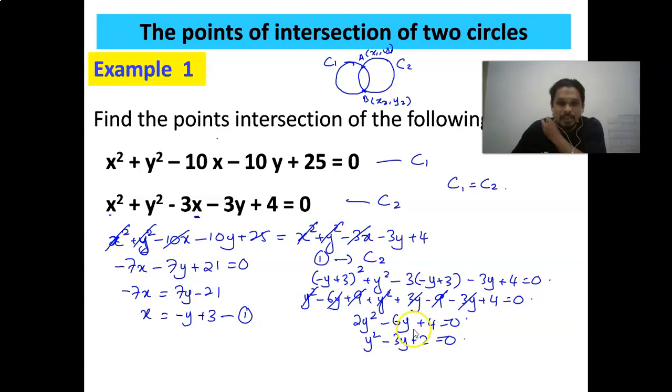So next, factorize this. We are going to find the value of y. The multiplication of two numbers gives the product, and their sum gives the middle term. 2 is 1 times 2, so for negative 3 we can come up with negative 1 and negative 2. (y minus 1)(y minus 2): y times y is y squared, y times negative 2 is negative 2y, with negative y is negative 3y, and negative 1 times negative 2 equals 2.